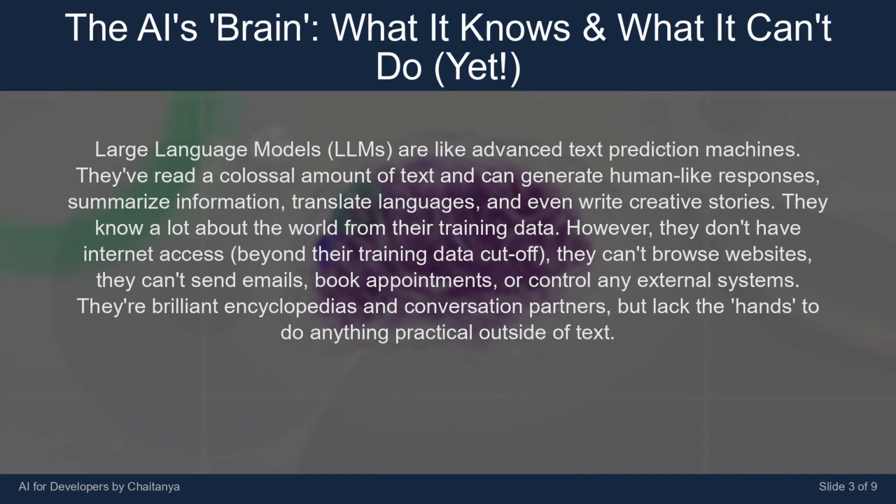However, they don't have internet access beyond their training data cutoff, they can't browse websites. They can't send emails, book appointments, or control any external systems. They're brilliant encyclopedias and conversation partners, but lack the hands to do anything practical outside of text.